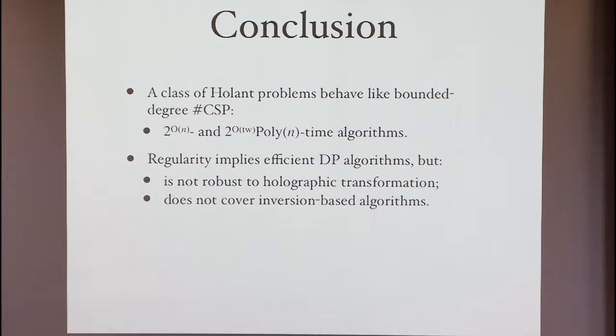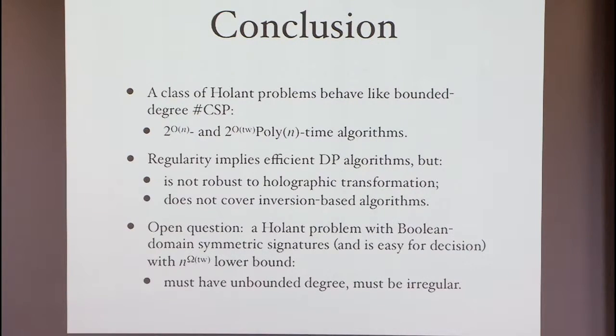We still don't understand what holographic transformation does to this finite state signature. Also, it does not cover many other exact counting techniques like inversion-based techniques and the principle of inclusion-exclusion. But we saw that it can achieve something similar. There could be some intrinsic connection there.